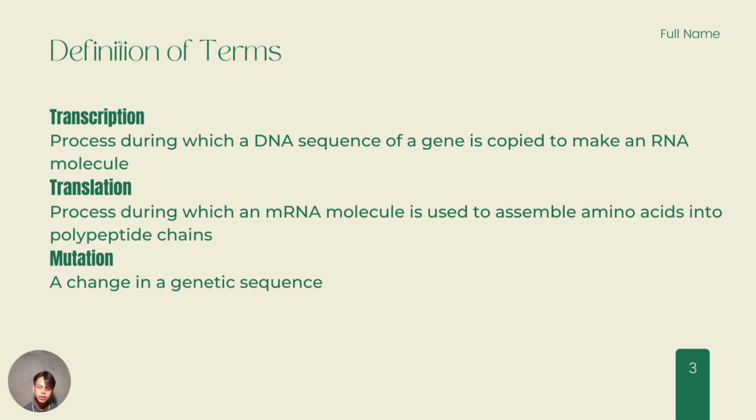We have also transcription, the process during which a DNA sequence of a gene is copied to make an RNA molecule, while translation is the process during which an mRNA molecule is used to assemble amino acids into polypeptide chains. And lastly, mutation, which is a change in a genetic sequence.